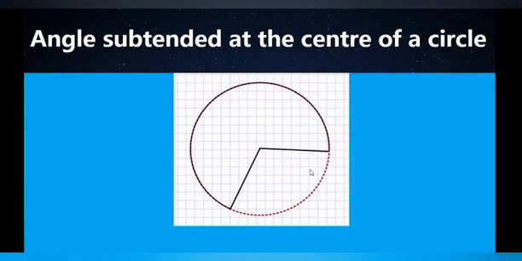Now, if for any reason we pick lines that run from the end points of this arc and produce those lines to meet at the center of the circle, of course, we have two radii meeting at the center here, and an angle is formed here. Now we say that angle is an angle subtended at the center of a circle.